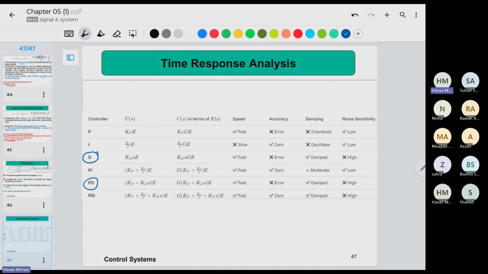If you have a steady state error, how can you compensate for that? If you want to eliminate steady state error, if that's important for you, you should use an integrator. If you don't want overshoot and want a smoother response, you should add P and D, and for faster response, you should add P. So why are we not using all of them?